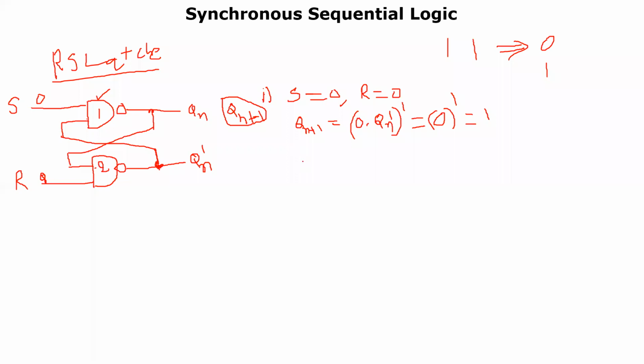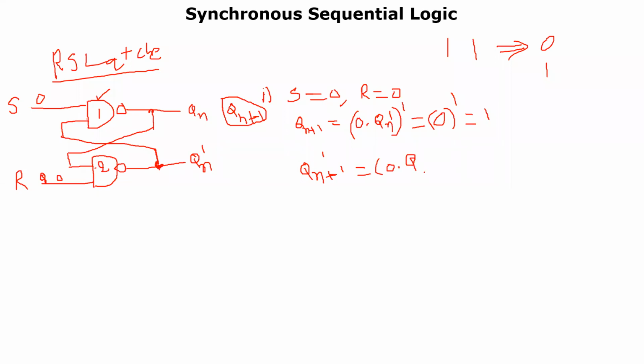Okay, then at the Qn plus 1 complement, at this particular place, what is the complementary value? So Qn plus 1 whole complement will be equal to, look here also, 0 has been placed here. Yes, it is 0, into Qn. Just now we got one particular value, that is Qn.